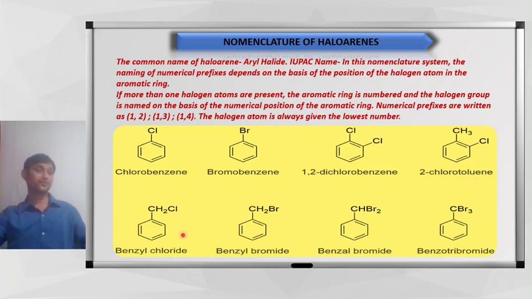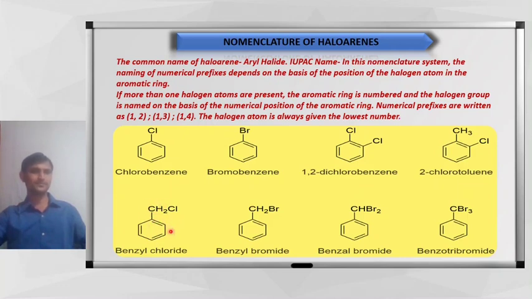Now this is benzyl chloride, which is very important. This halogen atom is attached to sp3 carbon and this halogen atom is attached to sp2 carbon. You can compare between these two. This is called benzyl chloride and this is called what? Chlorobenzene. So don't confuse it. Most of the students are confused here. So benzyl chloride is which system?